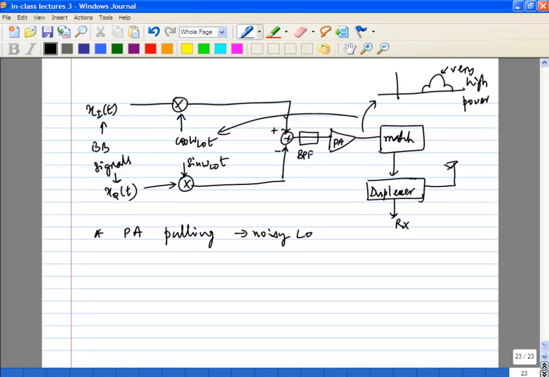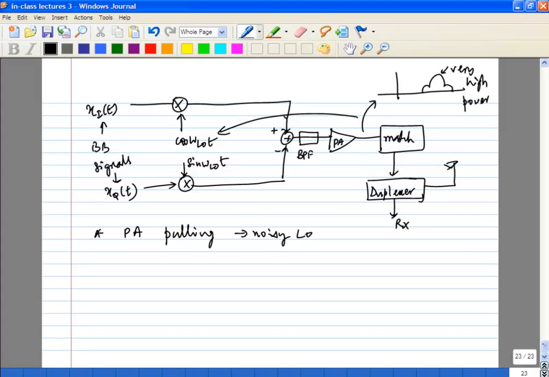Remember we talked about TDD systems, where you turn on the TX and then the RX, switching between the two. In cases like that, while the RX is on, you want to turn off the PA. But the minute you turn on the PA, there will be a huge EM transient which will again pull the VCO.